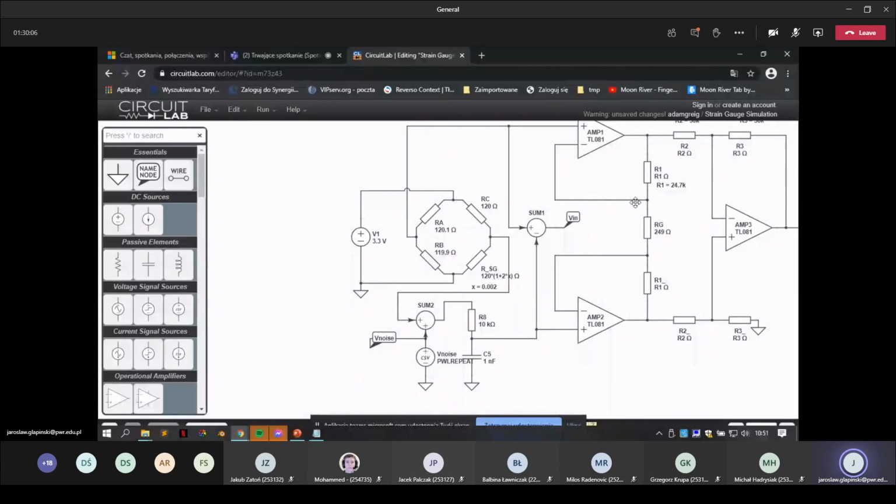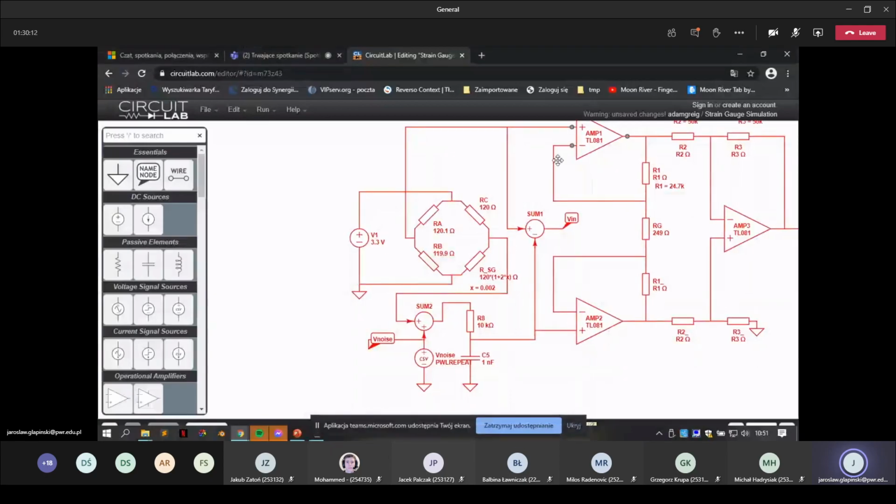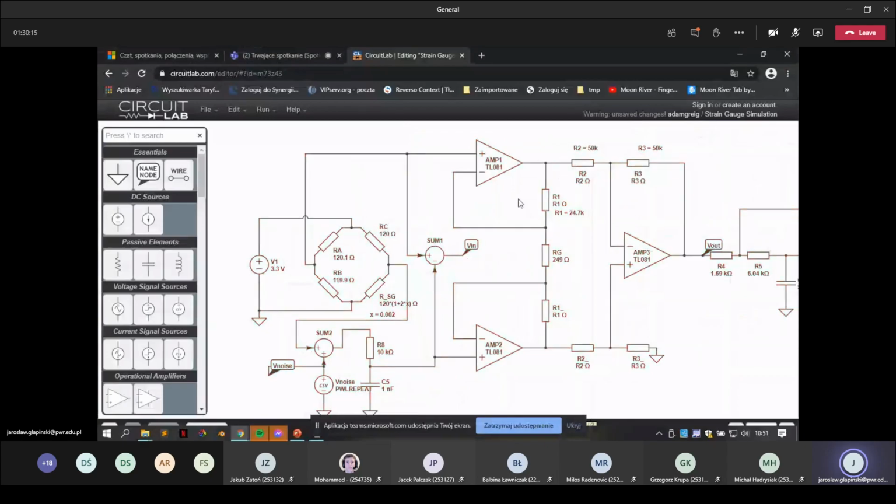And here we've got the amplifier, the example of the instrumental amplifier we discussed last time. So we've got an amplifier with high impedance, and another amplifier with high impedance, and a differential amplifier to have the output signal.